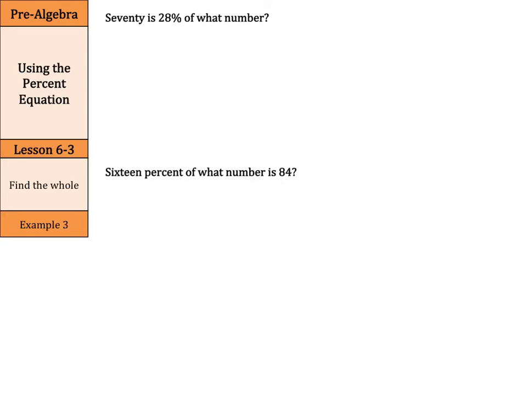Now as we look to find 70 is 28% of what number? Part equals percent times the whole. 70 is our part, equals our percent. 28% is 0.28 as a decimal times x. To simplify this one, divide by the 28 hundredths on both sides.